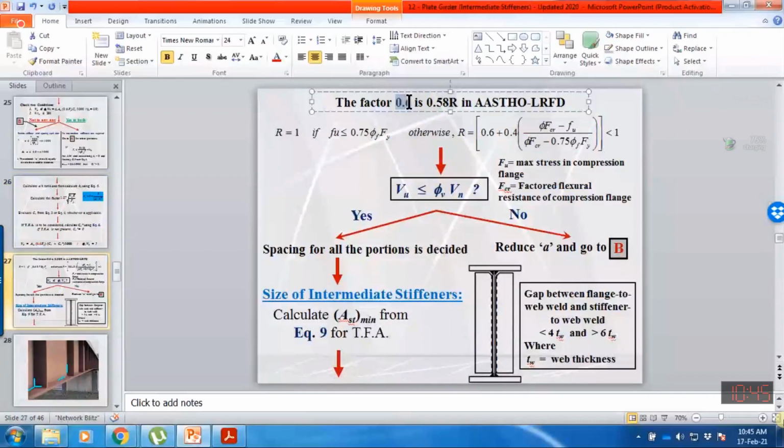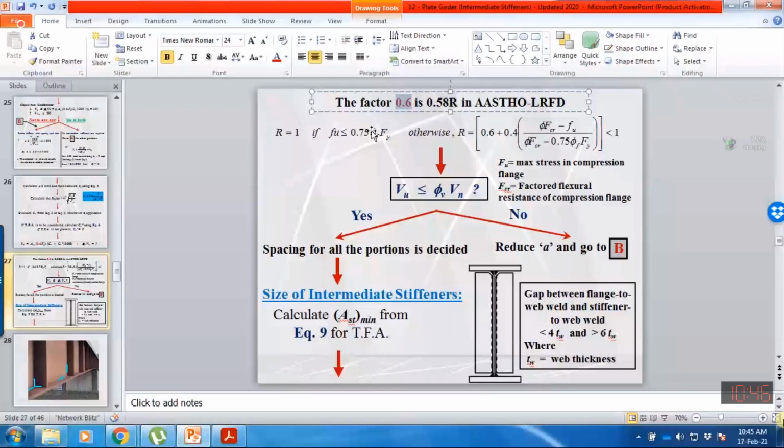What is Fu? Fu is the ultimate strength of the stiffener plate. Fy is the yield strength of the stiffener plate, and phi f is the strength reduction factor for flange, which is 0.9, the strength reduction factor for flange that we used in computing the bending capacity of the flange. If this condition doesn't satisfy, then you need to compute the R value from this given equation.